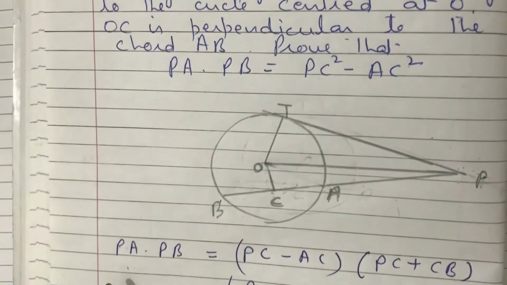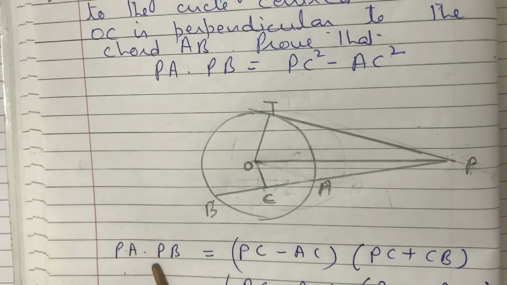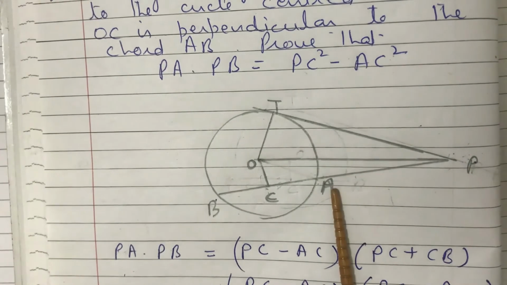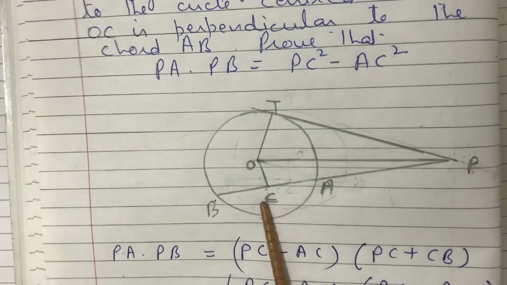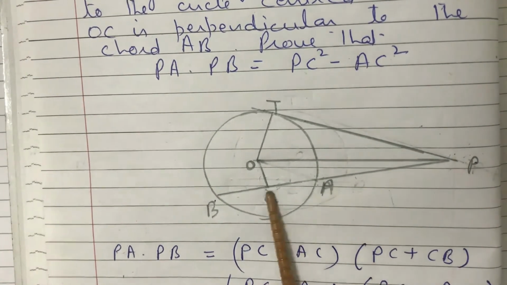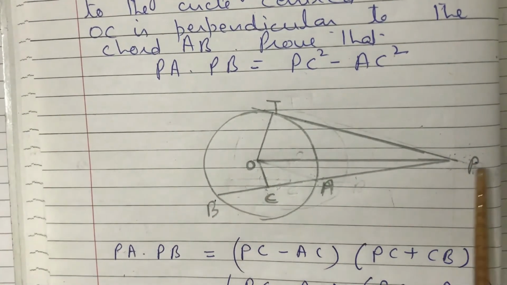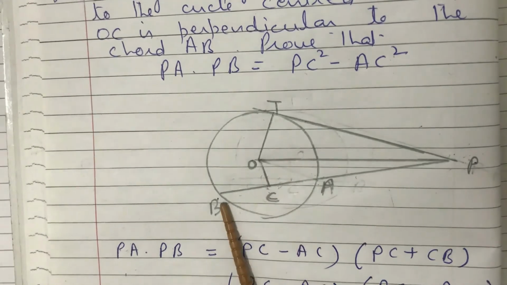PA dot PB is equal to, PA can be written as PC minus AC, and PB can be written as PC plus CB.